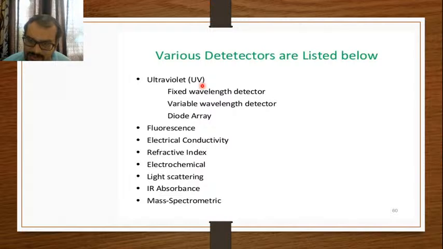Fixed wavelength detector, variable wavelength detector and diode array are the types of UV detector system. Then there are the fluorescence detector, electrical conductivity detector, RI refractive index detector, electrochemical detector, light scattering detector, IR infrared absorbance detector, and mass spectrometric detector. These are some of the detector systems employed in HPLC.